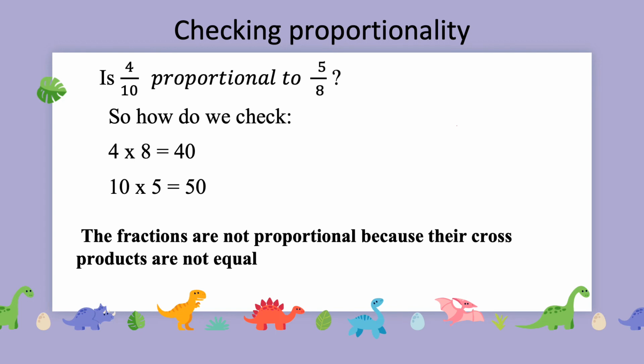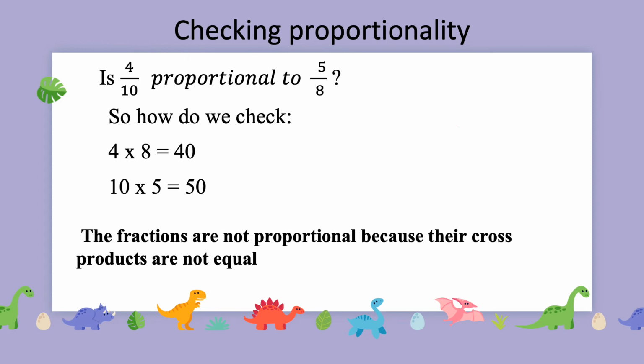For proportions to be equal, the product of their means must be equal to the product of the extremes, or we can also say that their cross products must be equal. So, how do we check that 4 over 10 is proportional to 5 over 8?